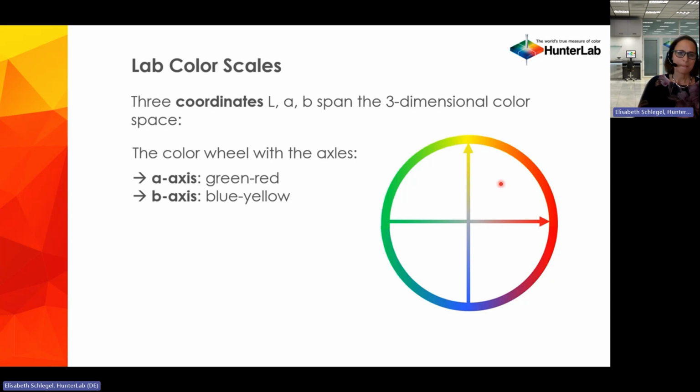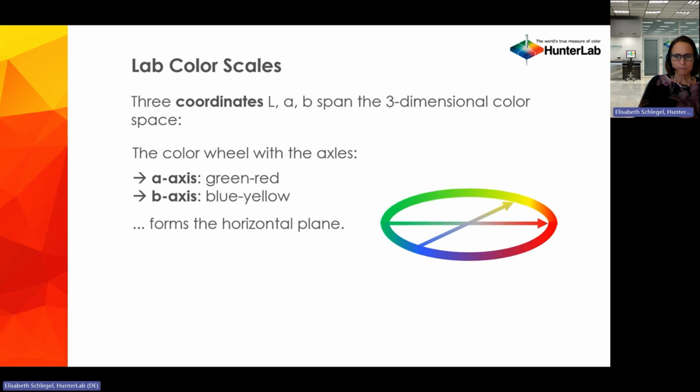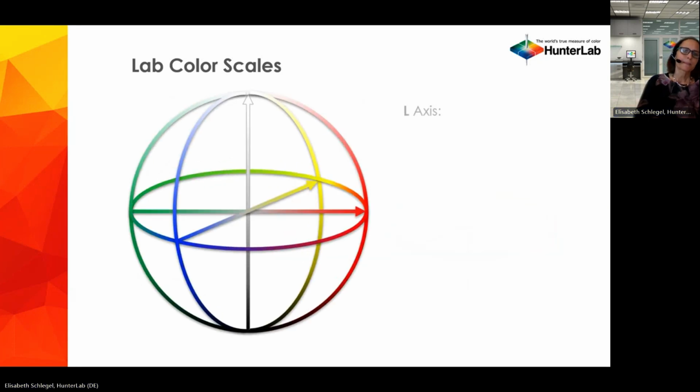Orange would be here then. And then by that we have the horizontal plane, and perpendicular we have the L axis again, that's from black to white. And thus we have the whole color space. We have the L axis going from 0 to 100, from black to white.